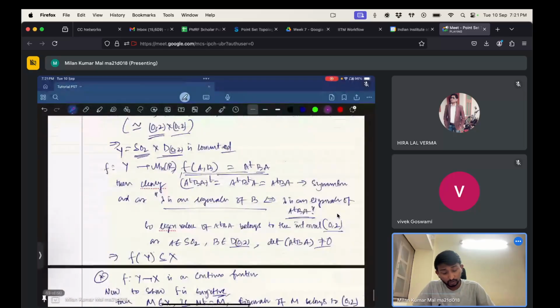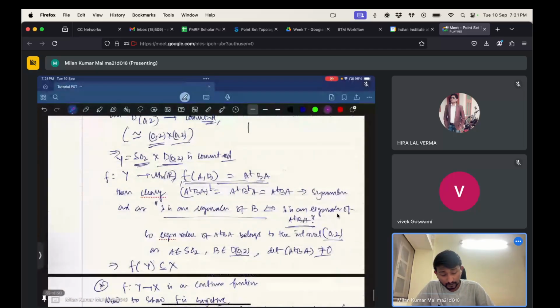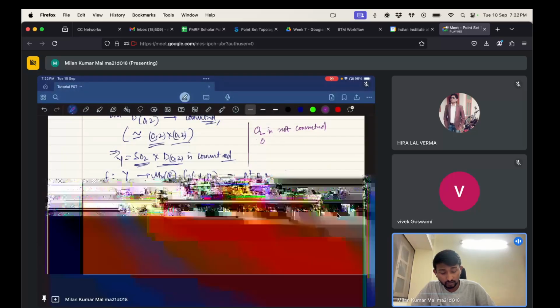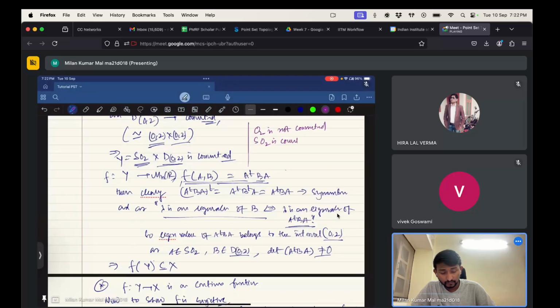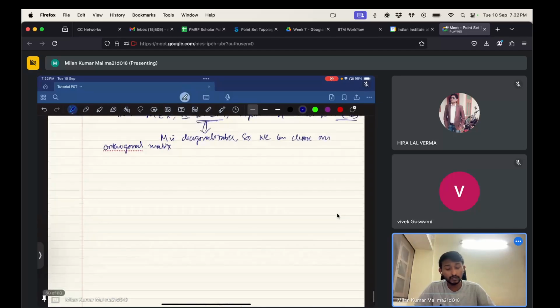So the fact is that O2 is not connected, and SO2 is connected. That's why we are taking SO2. Actually, we want to prove that this is connected.